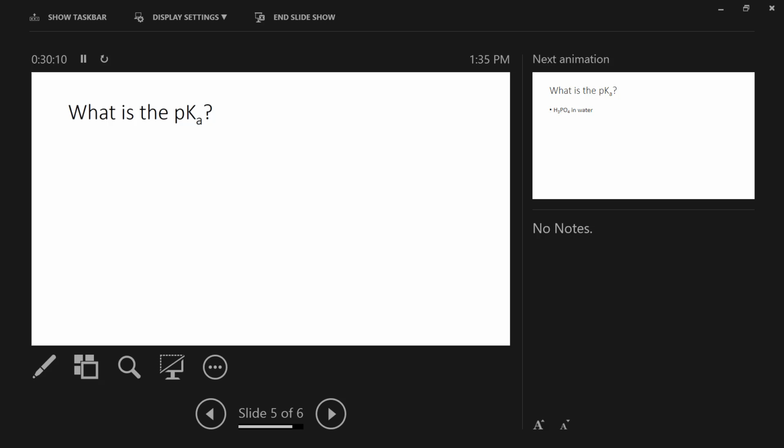We've got to take our calculator and do negative logarithm of 7.52 times 10 to the minus 3, which gives us a pKa of 2.1 for this H2PO4. And again, we're doing this to relate it back to pH.